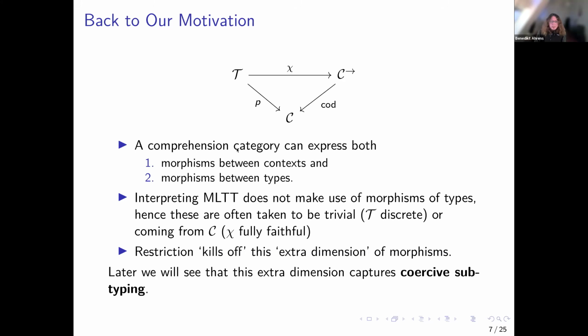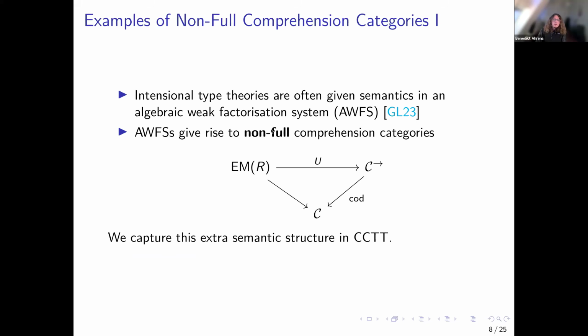But in principle, a comprehension category can express both morphisms between contexts, which is what we are using to interpret Martin-Löf terms, and morphisms between types. And that's the starting point for our work.